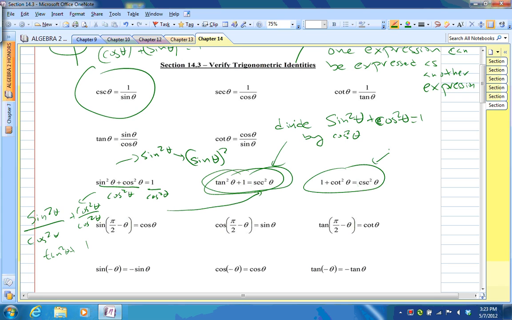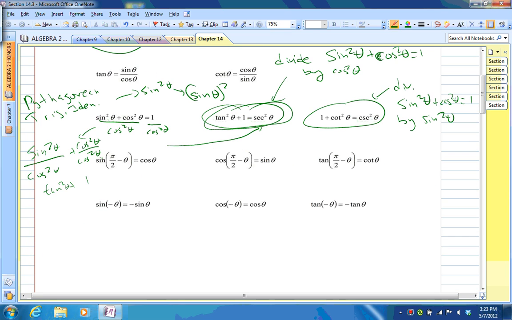And then this one, if you divide sine squared theta plus cosine squared theta equals 1 by sine squared theta, you would wind up getting this equation. And these, by the way, are called Pythagorean trig identities. The last two rows are called the complementary identities because they're subtracting the angle from pi over 2, and pi over 2, remember, is like 90 degrees.